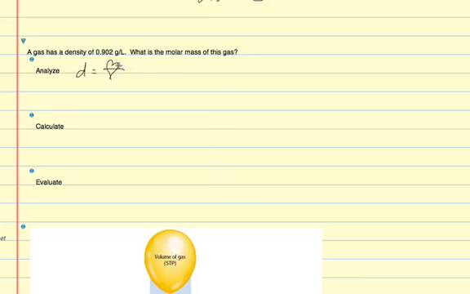On top we have the M, and on the bottom we have a V. So density equals mass divided by volume. We can also convert this formula. In this problem, we're trying to find the molar mass, so in grams, we don't know.